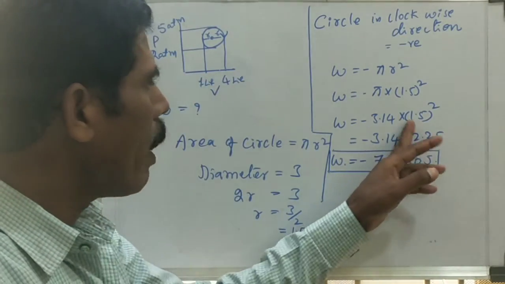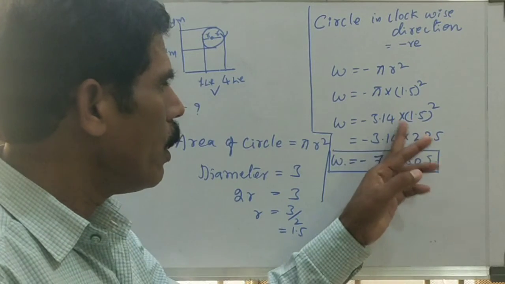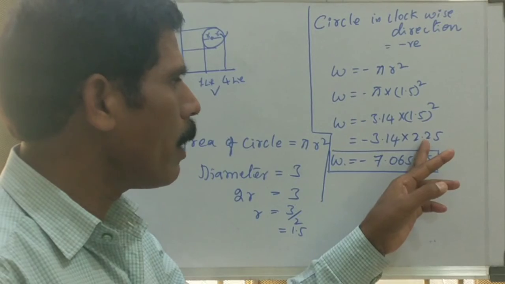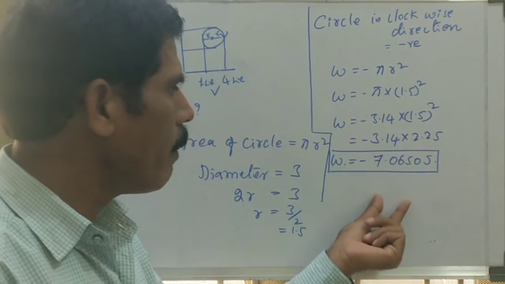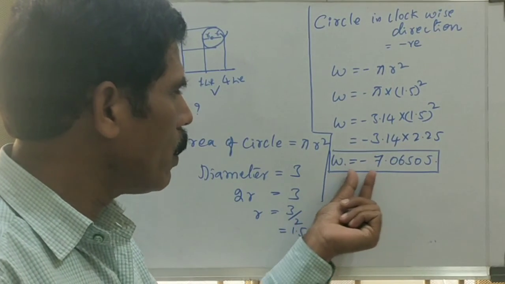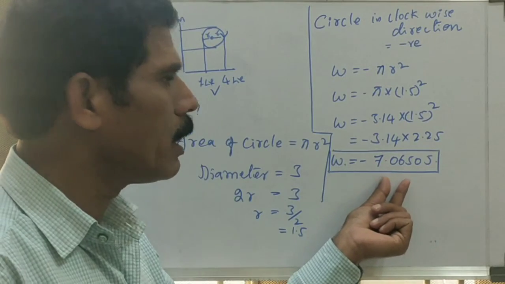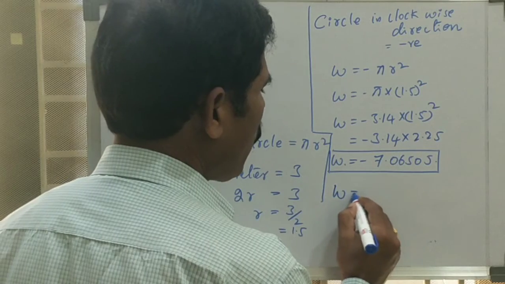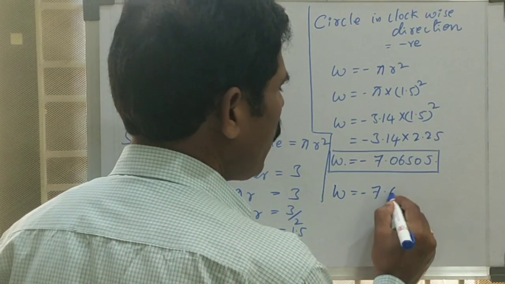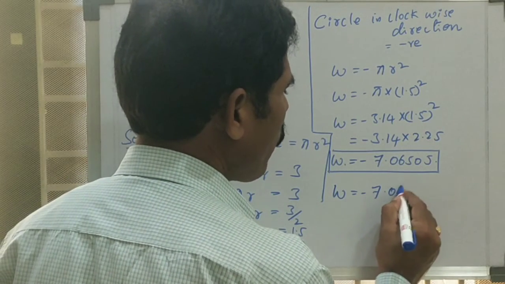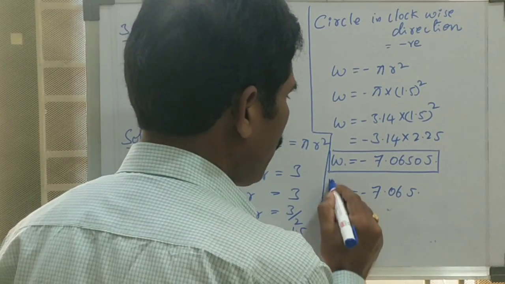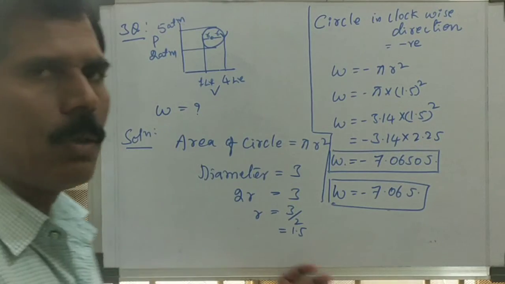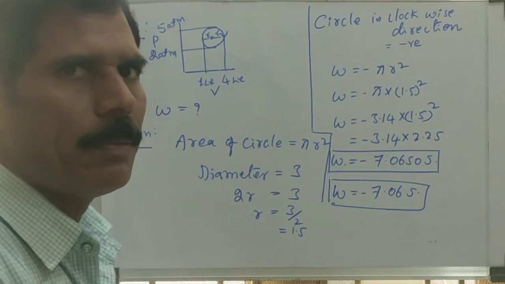Okay, so you have to multiply both the values. 1.5 whole square gives 2.25, and multiplying both the values, you will get W is equal to minus 7.0650. So approximately you have to take minus 7.06 joules. This is the calculation. Okay, you have to practice more than 2 times.